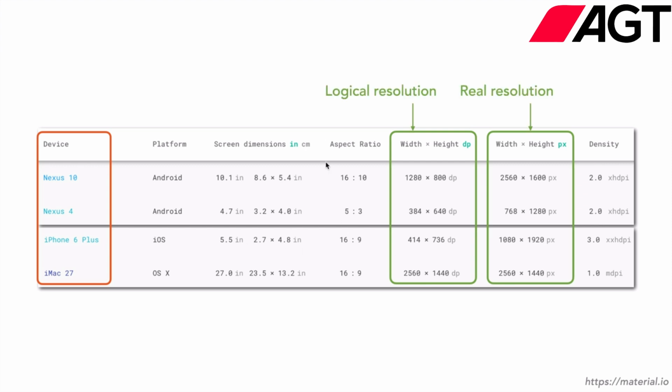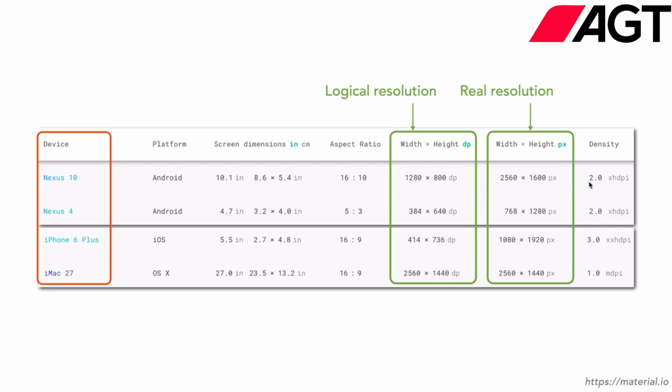And what are the other things that we need to know about dp or the logical pixels? So here I have some examples to explain it better. We have some devices like Nexus 10 that has a width of 1280 dp and a height of 800 dp. Which means its logical resolution is 1280 by 800, whereas its real resolution is actually 2560 pixels width and 1600 pixels height.